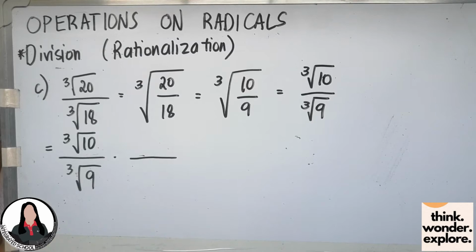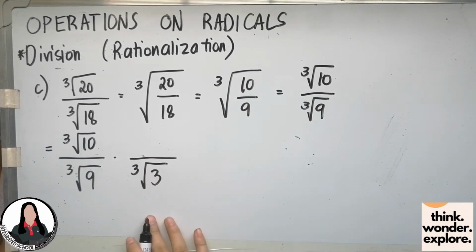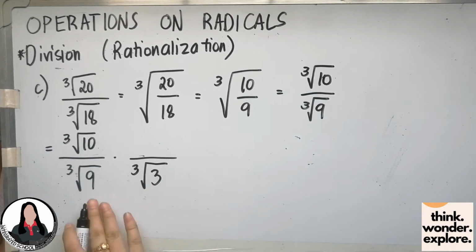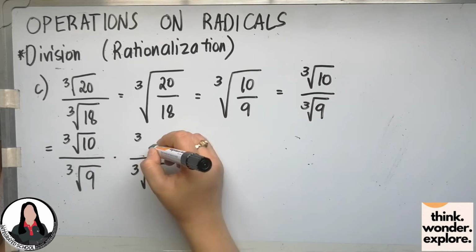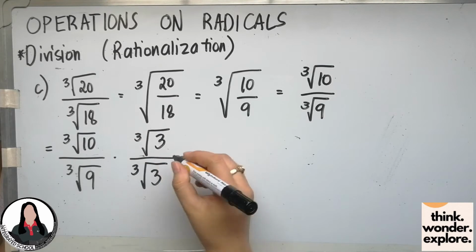However, 9 is a perfect square, and when we get the square root of 9, that's 3. So, kapag pinag-multiply natin si 3 kay 9, we'll get a perfect cube. So, therefore, we have cube root of 3 sa denominator, and then para hindi maibo ang ating value, gagawin din natin, or i-multiply din natin ang cube root of 3 sa numerator.